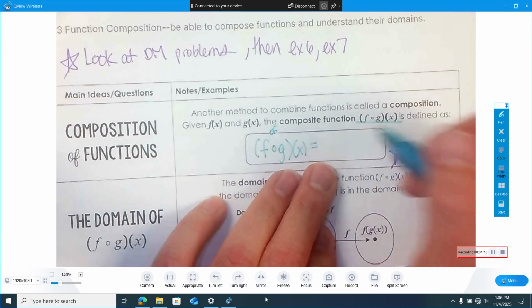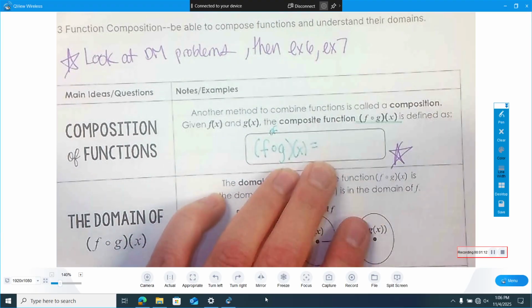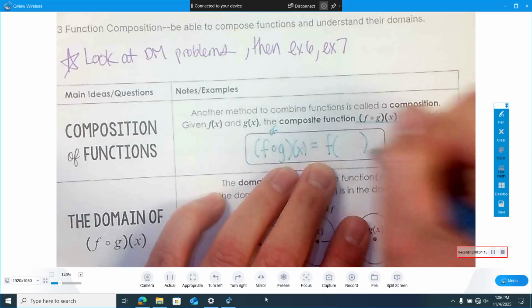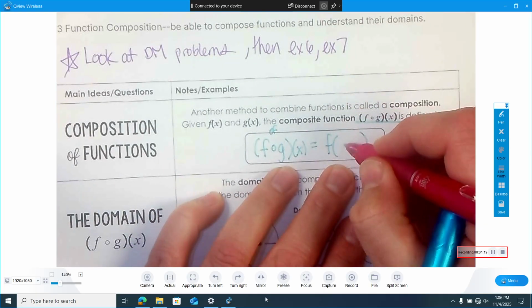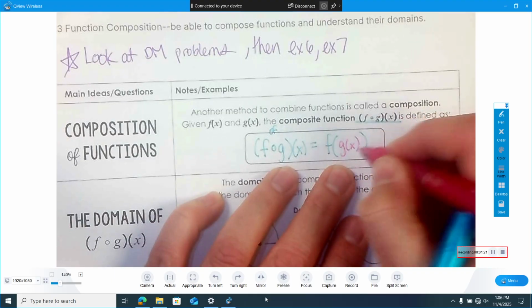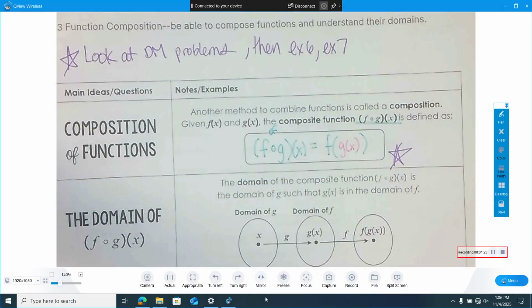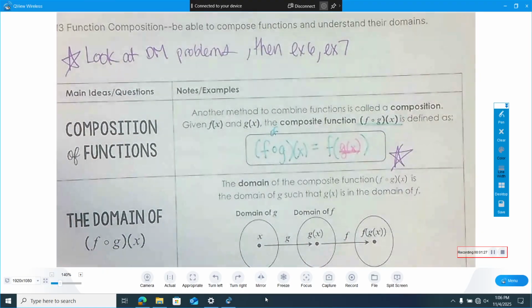And so what this means is that we have an outside function F, and on the inside, we're plugging in the G of X function. All right, so we're taking an entire function and replacing the X in it. Okay, the domain is pretty tricky.